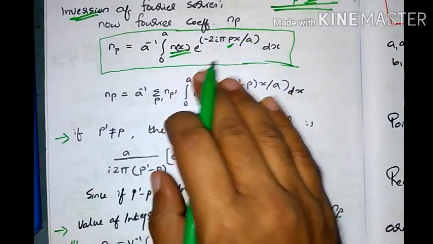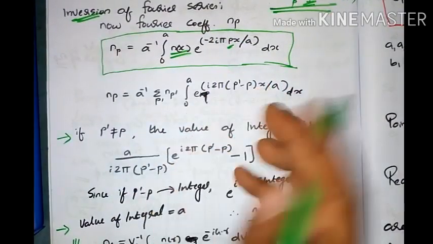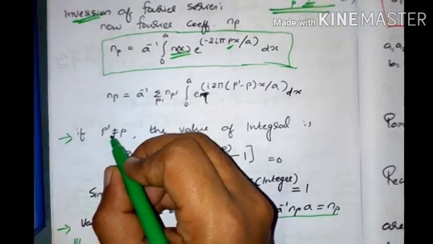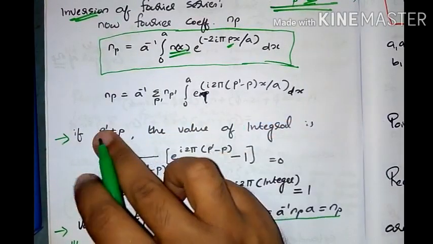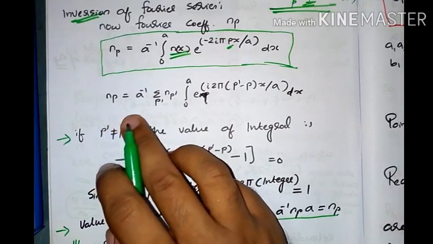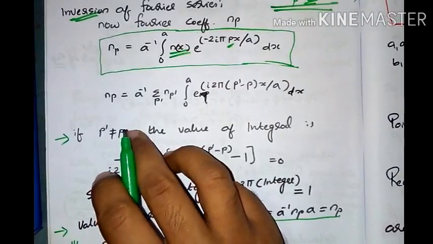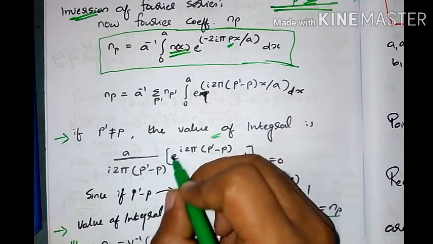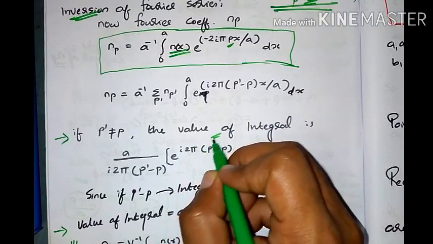Okay, simple integration. Now if p dash and p are not equal, we know both of these are integer values, and if they are not equal, we will get an integer value here. Okay, so e raised to i 2 pi into an integer.